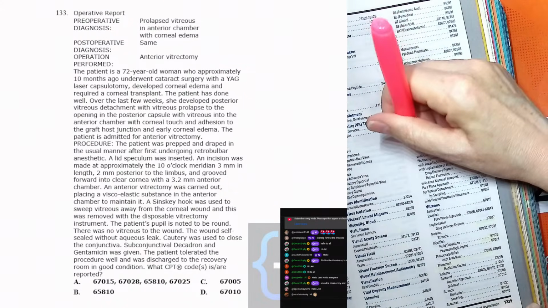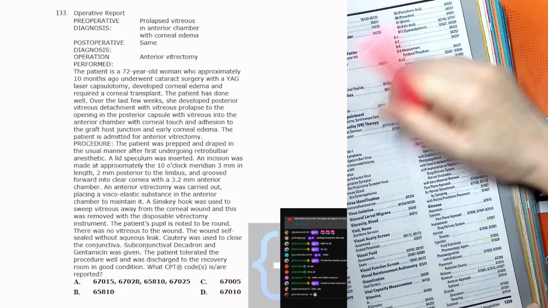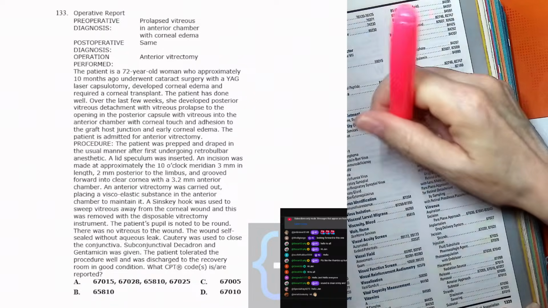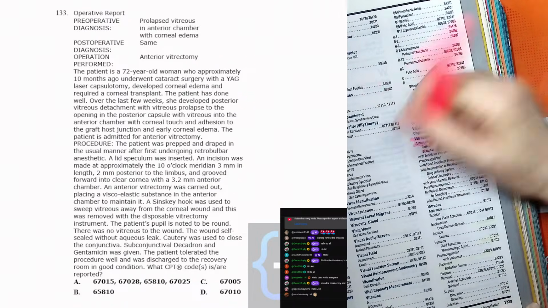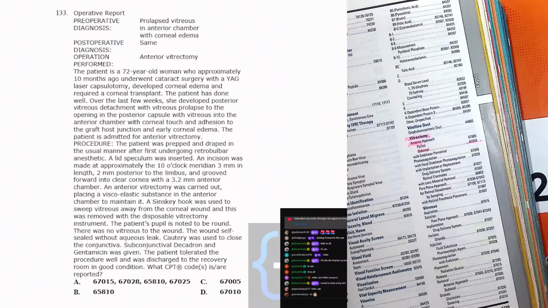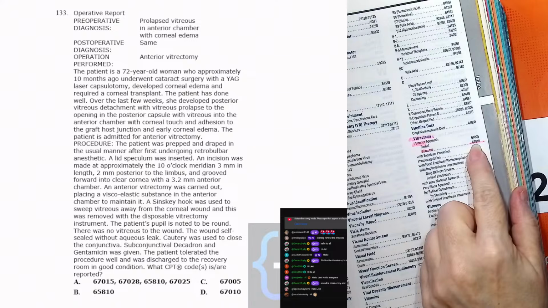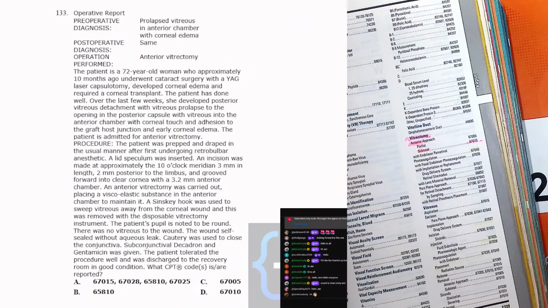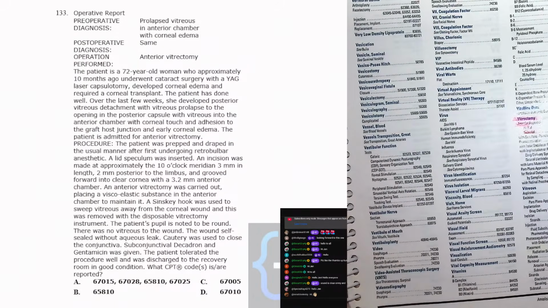We were anterior. And did we do partial or subtotal? Did subtotal. That tells us our answer has to be in which area? And which code? It says it has to be a 67010.